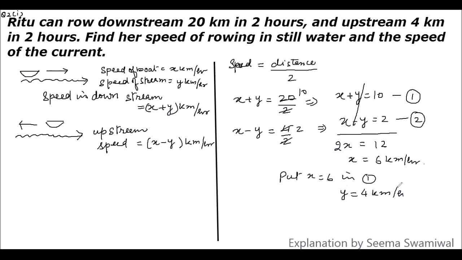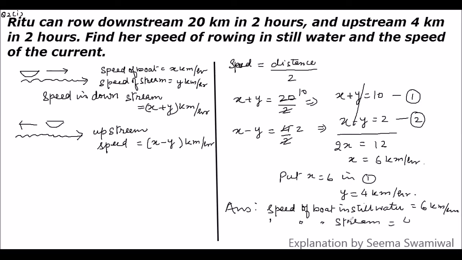Since it is a word problem, you must give your answer in words only. So you will write that the speed of the boat in still water is 6 kilometers per hour, whereas the speed of the stream is 4 kilometers per hour.